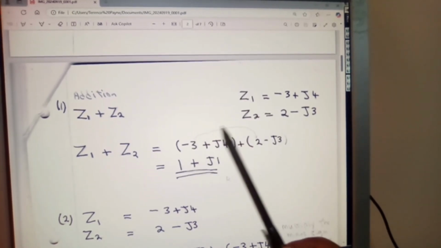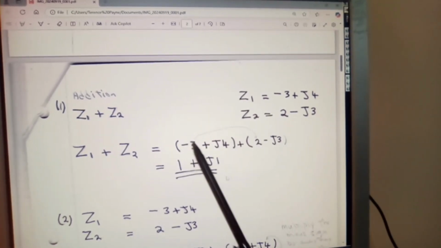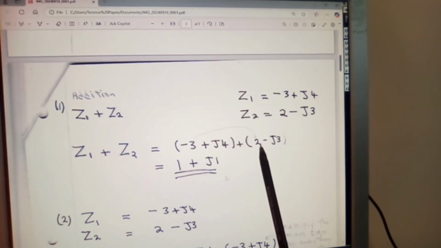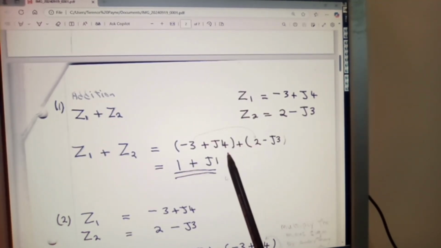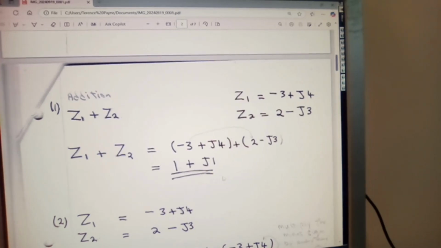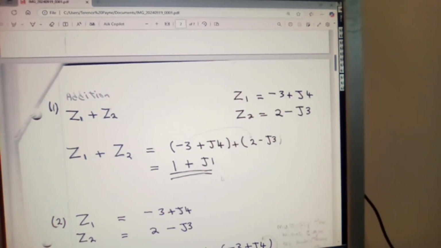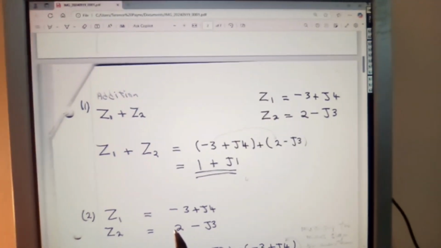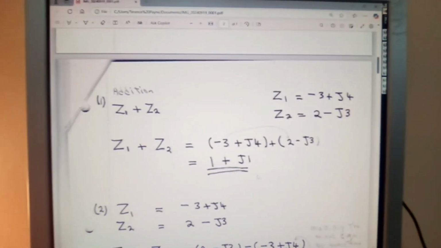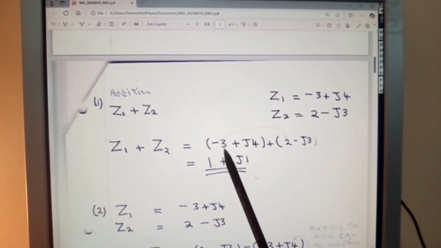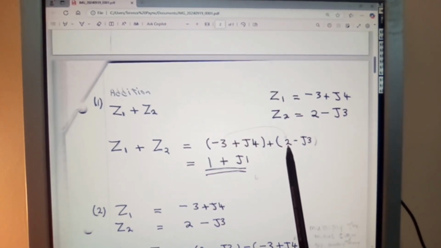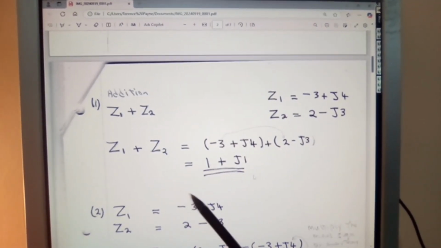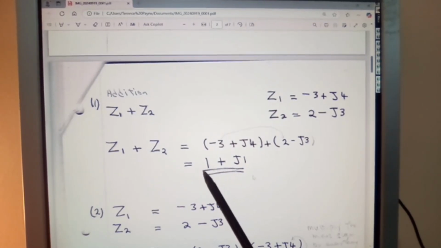Now you can see what I've done here to show you how we got 1. Minus 3 plus 2, it's going to be 1. But something here bugs me about this.